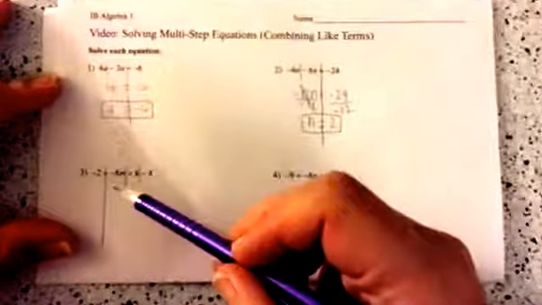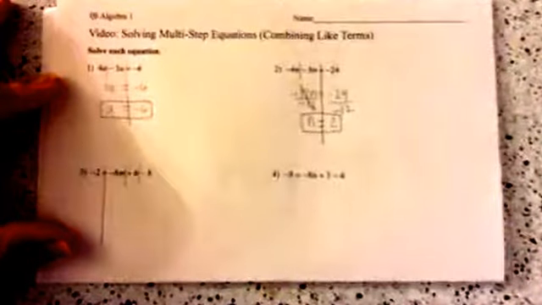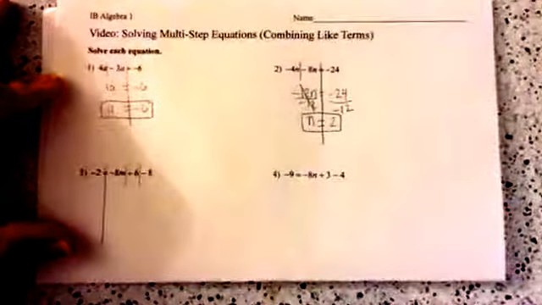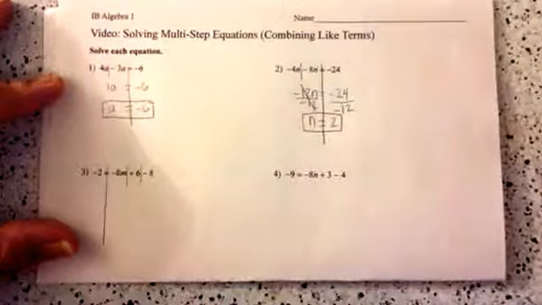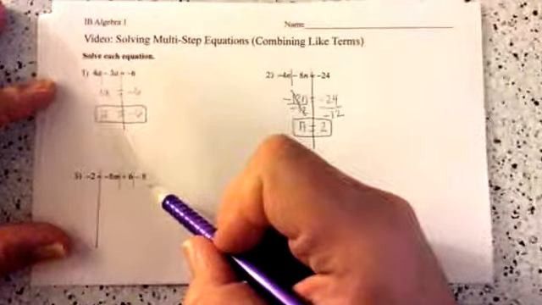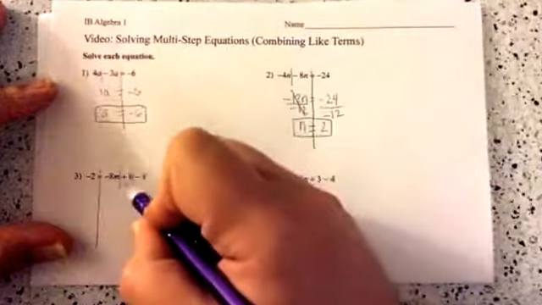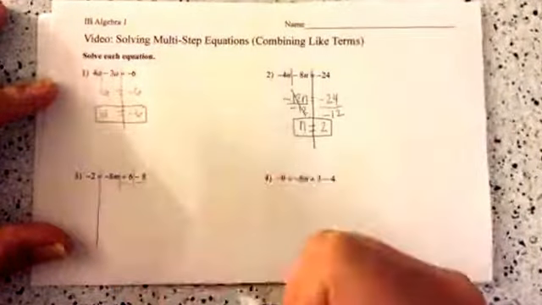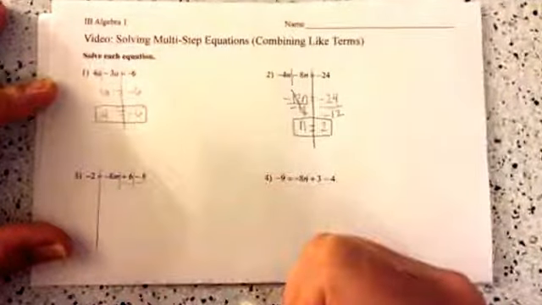So the first term I have is a negative 8m. That is a term by itself. I don't have any other terms that have m's in them. But then I go to these other two and I've got a positive 6 and a negative 8. So these are going to be the ones I combine together. Before I do that, I'm going to rewrite what I've got.